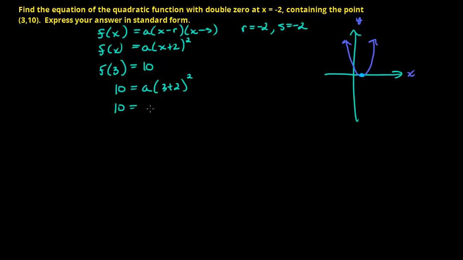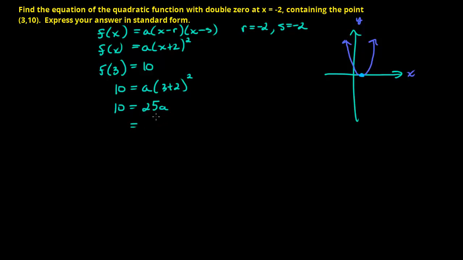So if I solve this equation, I get 10 is equal to a times, well, let's see here. 3 plus 2 is 5. 5 squared is 25. So I've got 10 is equal to 25a.